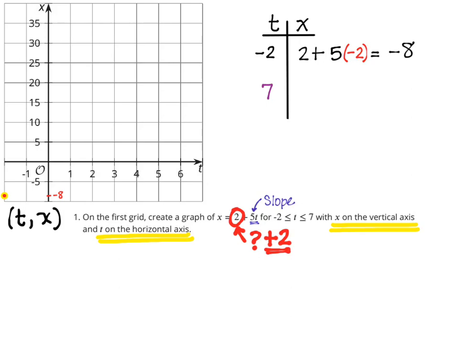So I'm going to figure out what happens when you plug in a 7. When you plug in a 7, it's 2 plus 5 times 7, which gives us 37. And once again, I'm going to graph that point. So there it is. I graph the point. So this is 7, 37. And I'm kind of eyeballing a little bit what that is. Put a line between those 2 points, and there I have the graph of my equation.